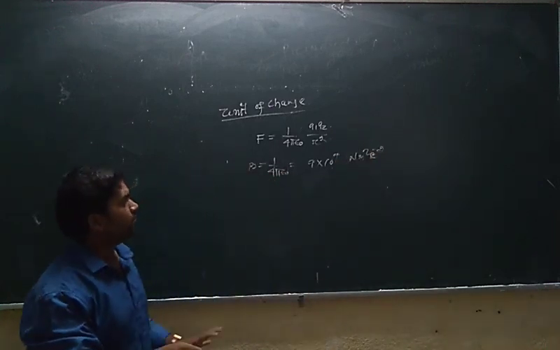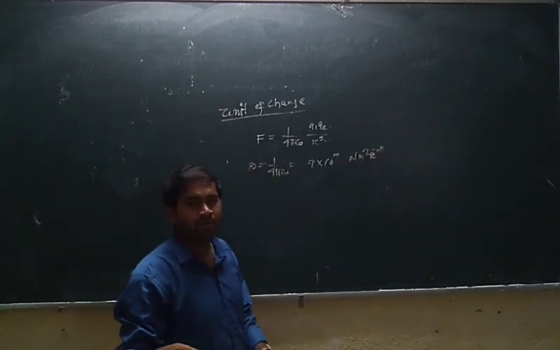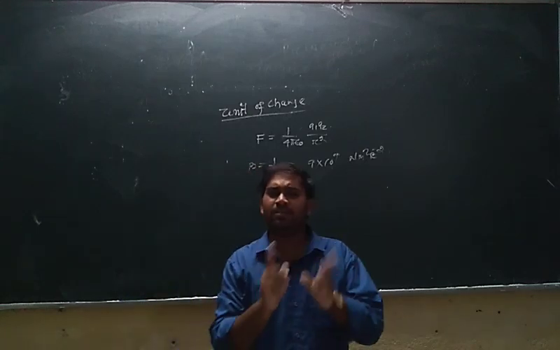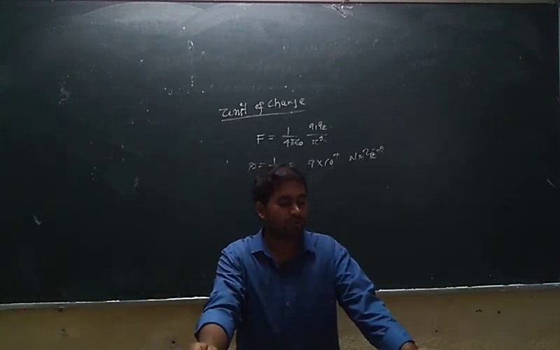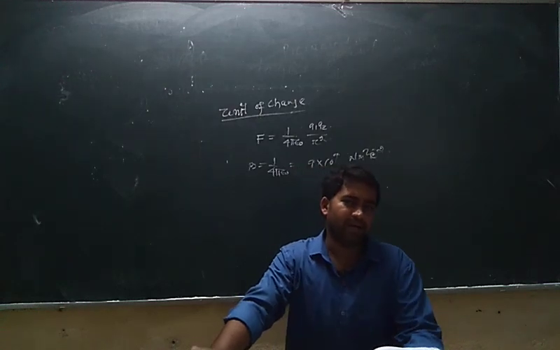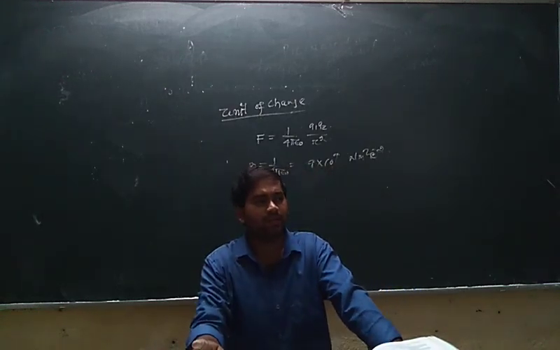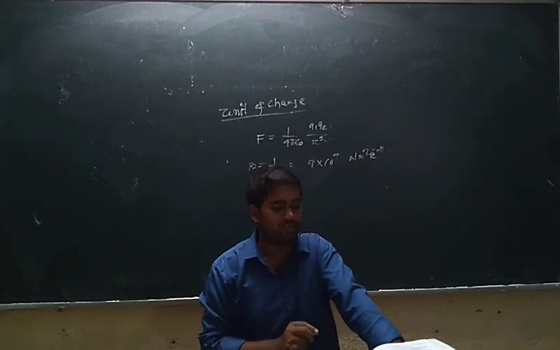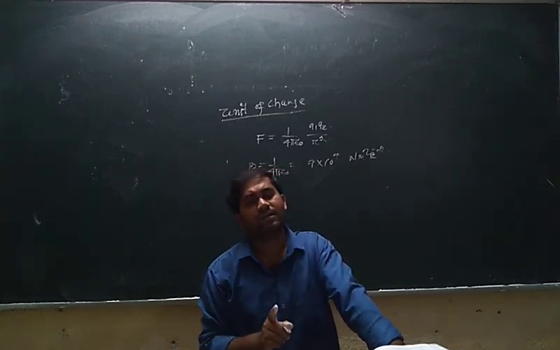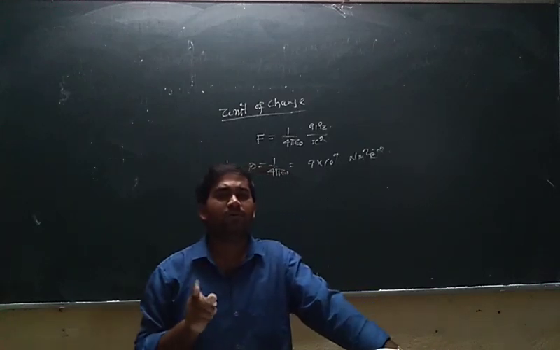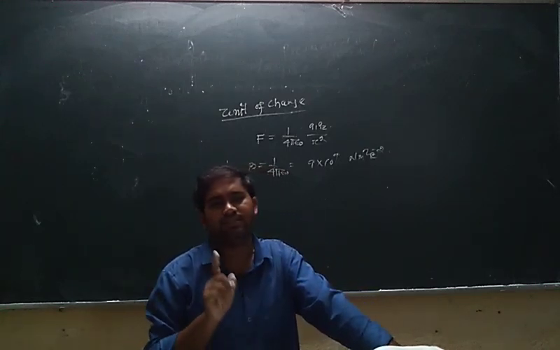Suppose I take both the charges to have the same magnitude, and the charges are separated by unit distance. Then what will be the value of that charge?